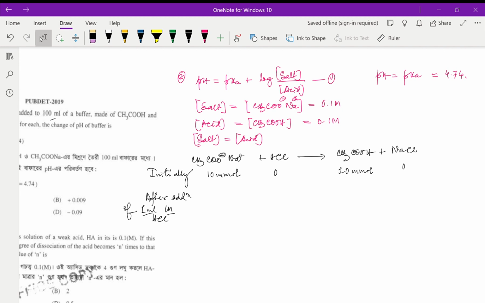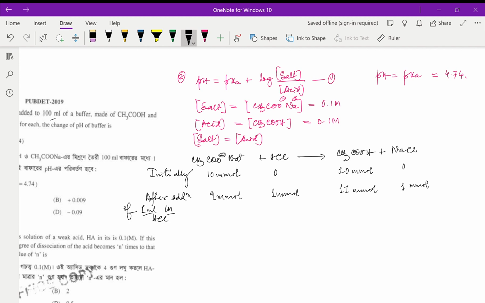Okay, so this is going to be out here 1 millimole. So 1 millimole is going to react with 10 millimoles. It is going to consume 1 millimole. So it is going to become 9 millimole. Okay, and that will become 11 millimole, isn't it? And that is going to be 1 millimole of NaCl.